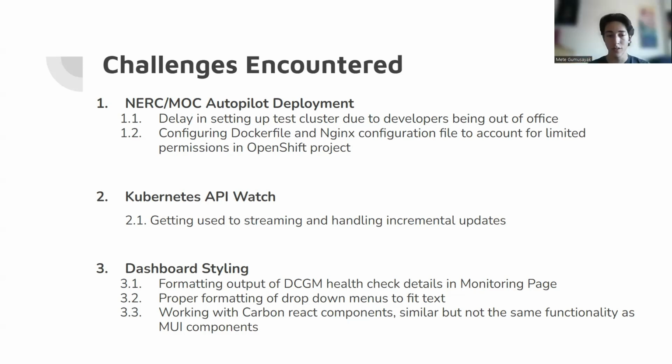Another issue we had was formatting all the dropdown menus to fit the text correctly because of different text lengths, and we fixed this by using dynamic sizing. And then when we were using the Carbon React components, since they're similar but don't have the same functionality as the MUI components, we had to read through the documentation to understand the different features and the way that the Carbon React components work.